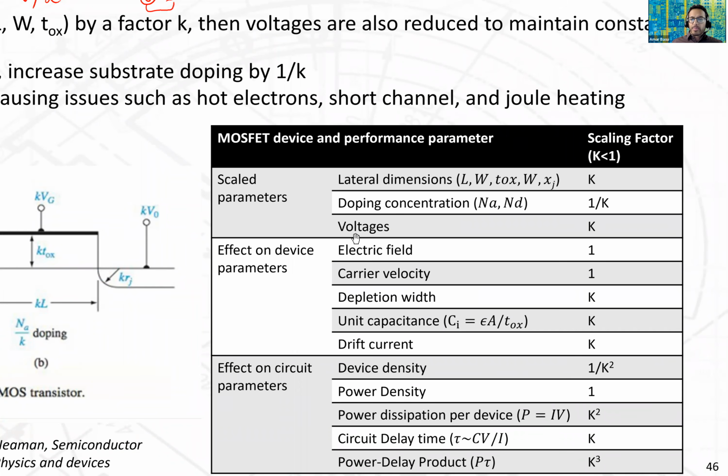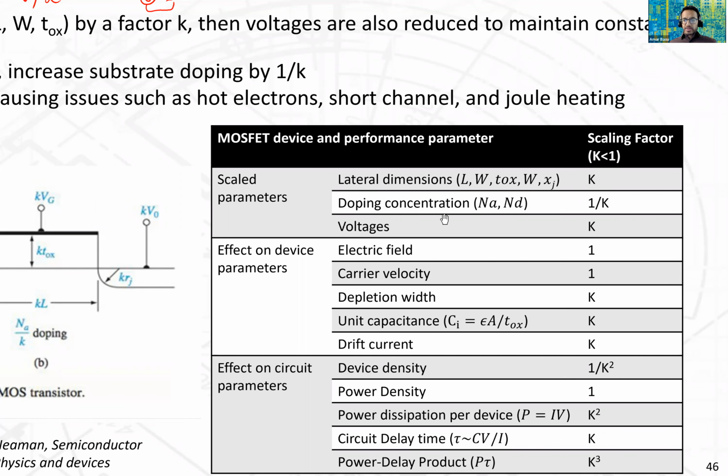You can scale parameters: the lateral dimensions, length, the width, the thickness of the oxide, and then your junction width. All of this is being scaled down by factor K. So K is a factor less than 1. The new length would be L times K, so 0.07 times K, for example.